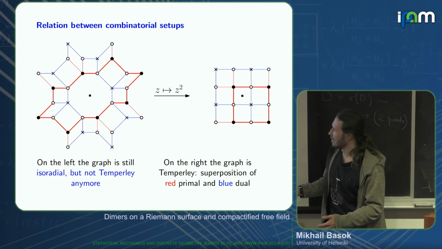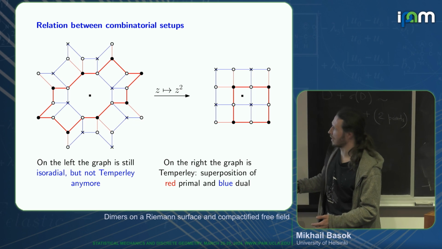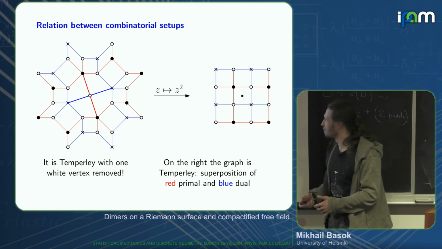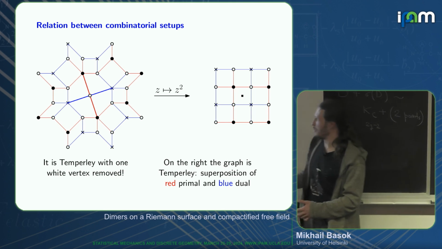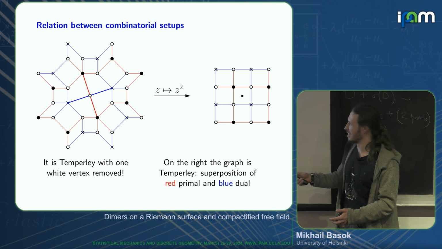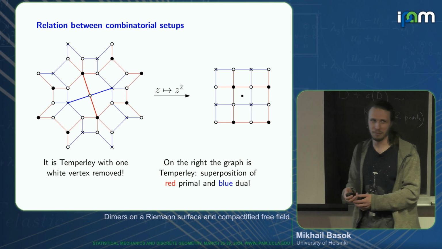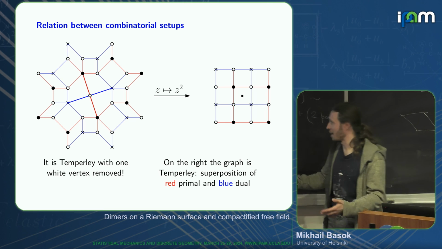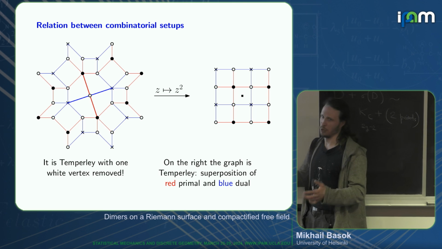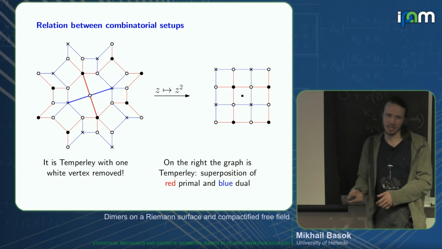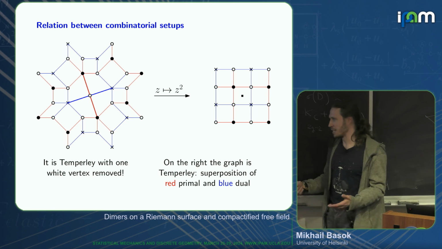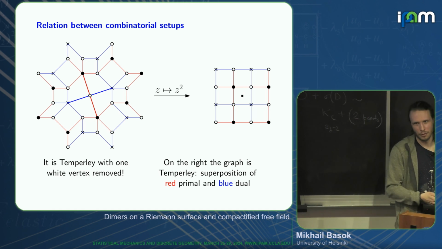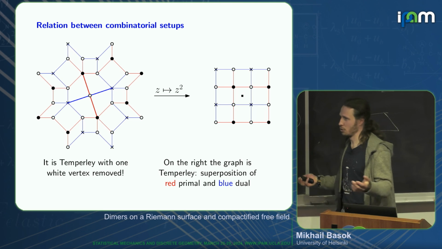This face of the primal graph contains two vertices of the dual graph. But if you look a little bit closer, you see that its medial graph is one white vertex removed. So a conical singularity of cone angle 4 pi corresponds very well to removing white vertices. This is the first combinatorial observation, which explains why I chose these conical singularities, although I think that the story can work for any other type of conical singularities too.